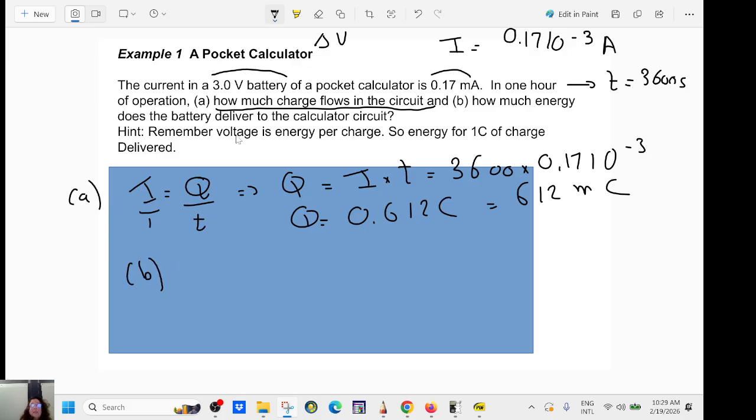And then how much energy? You can do it a different way, right? You can say the voltage is the energy per coulomb. You can do it this way. By definition, the voltage is the potential energy per coulomb, for 1 coulomb.